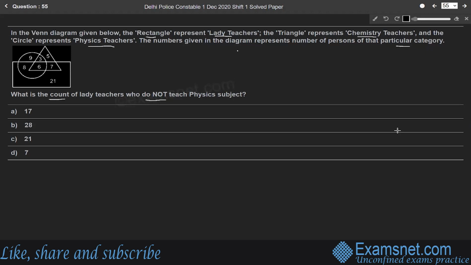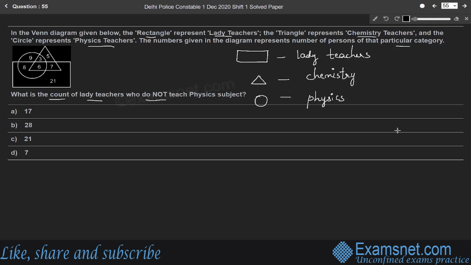So here, in the given Venn diagram, rectangle represents lady teachers, triangle represents chemistry teachers, whereas circle represents physics teachers. Right. So the question is count of lady teachers who do not teach physics subject.